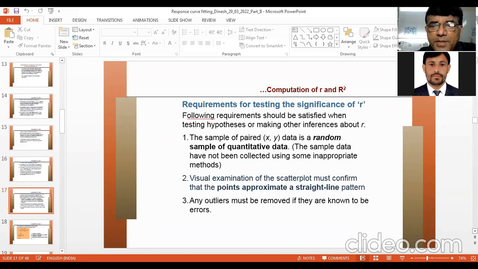Any outlier must be removed if it is known to be an error. Sometimes you can have an outlier. An outlier is data which is not normal, which is not following the trend followed by other data. Suppose the height of the students in this class is 5.5 to 6 feet.